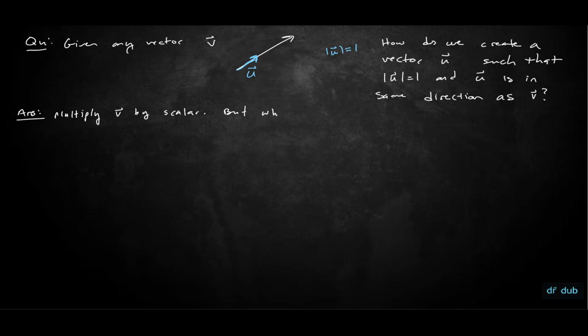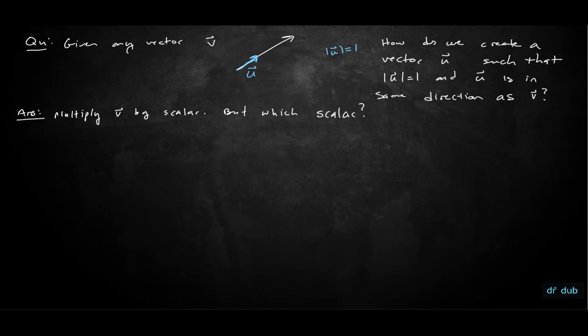But which scalar? Well, v already has a length, and if I want to make that length shrink down to 1, I need to basically eliminate that length. I need to normalize it, basically. Need to make that length become unit length.